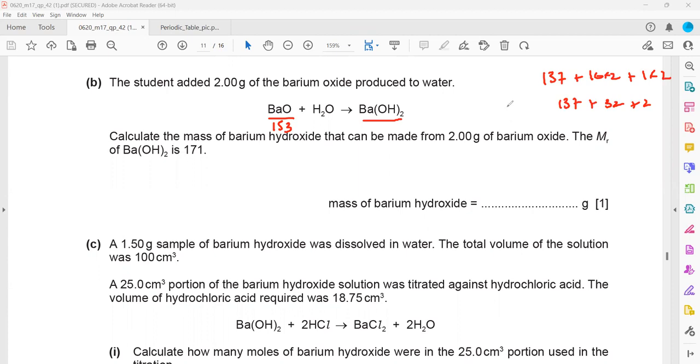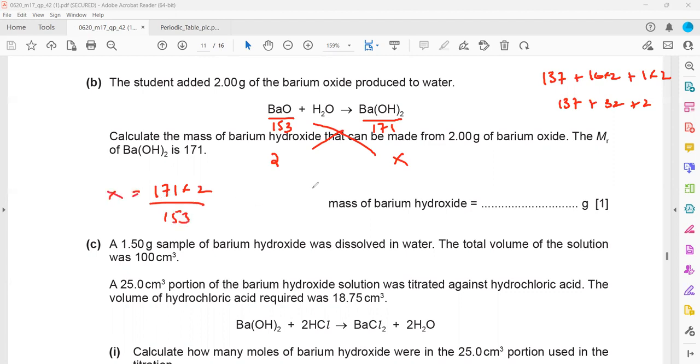What's the final answer? 137 plus 34 is 171. Okay, so 171 is the mass ratio. So if we have 2 grams, then this will be X. Cross multiply: 171 times 2 divided by 153.